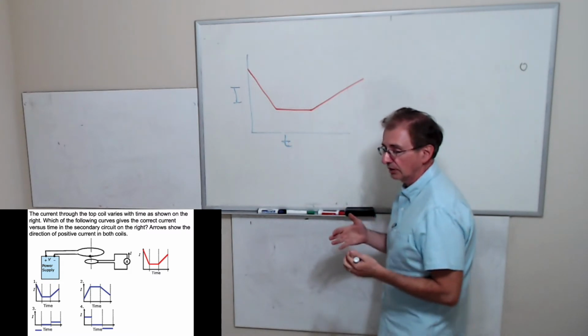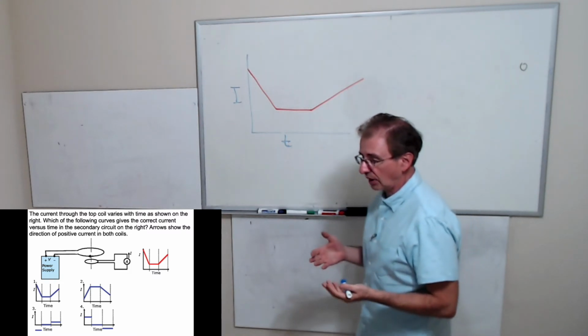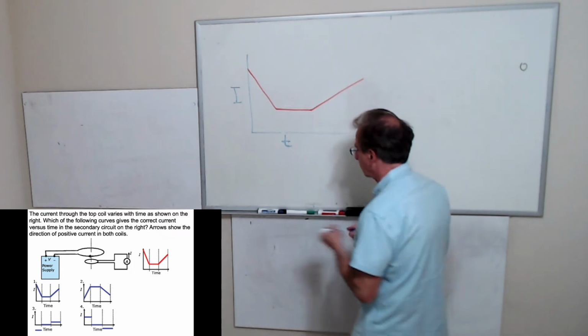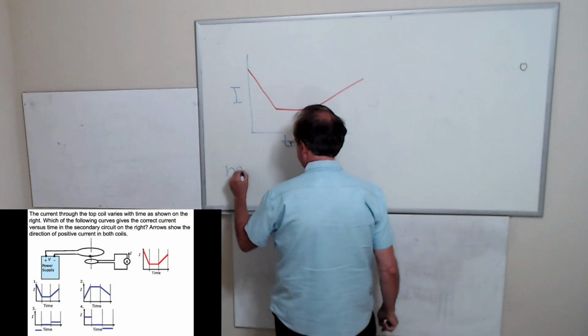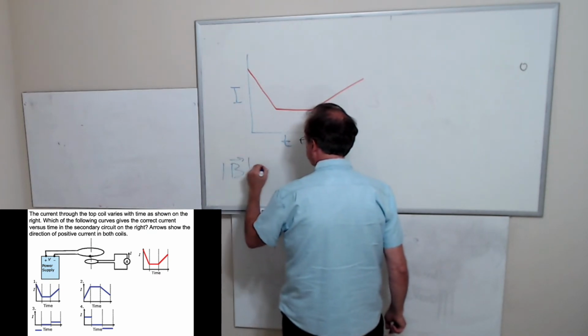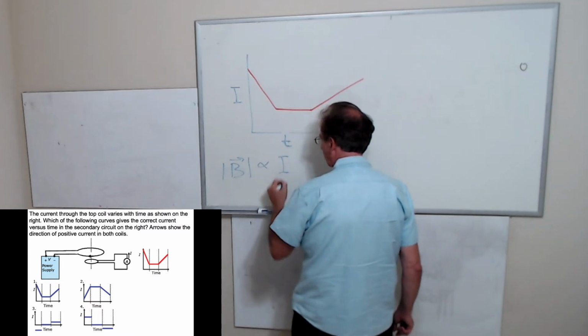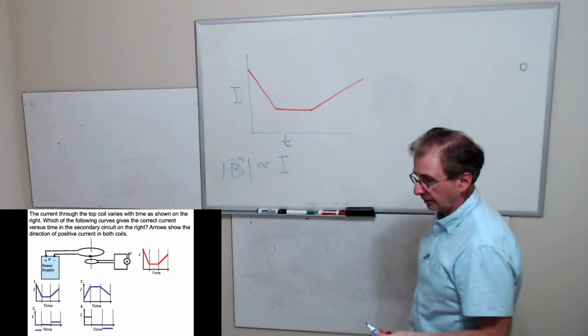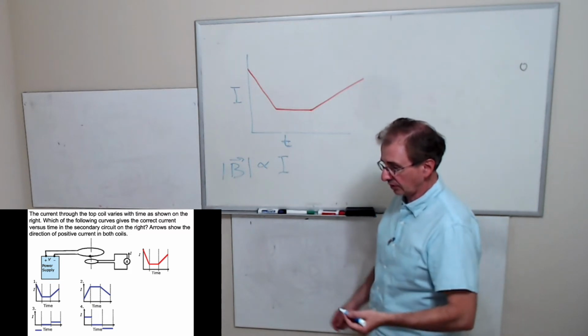So look, when you have a current carrying wire, the magnitude of the magnetic field is always proportional to the current. I don't know if you noticed that. The magnetic field is always proportional to the current. That's always going to be the case.